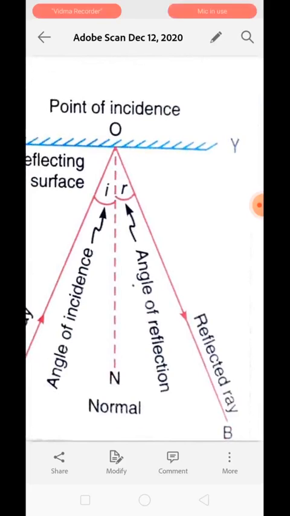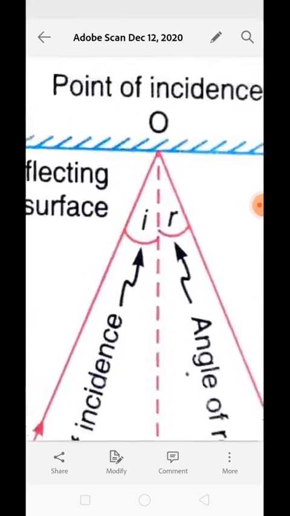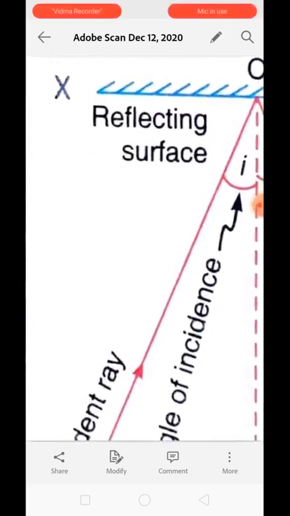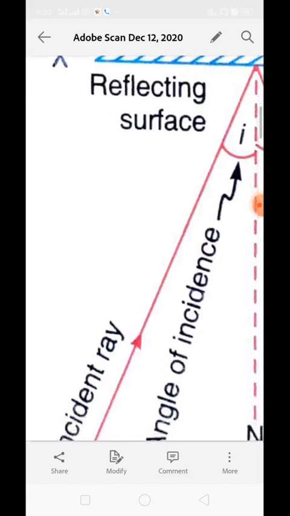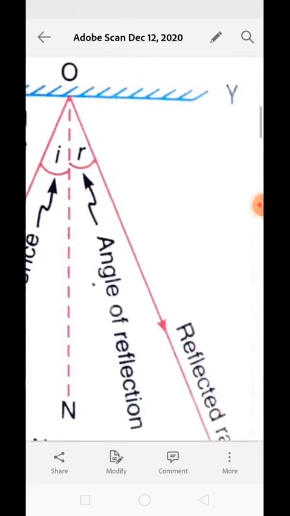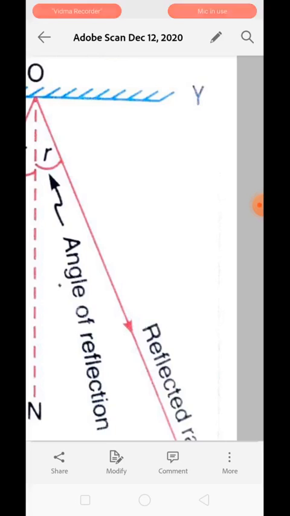So what is the angle of incidence? The angle formed between the incident ray and the normal is known as the angle of incidence, whereas the angle formed between the reflected ray and the normal is known as the angle of reflection.